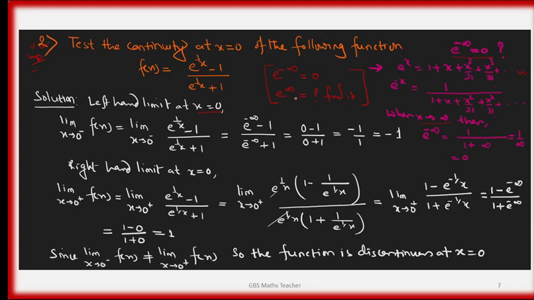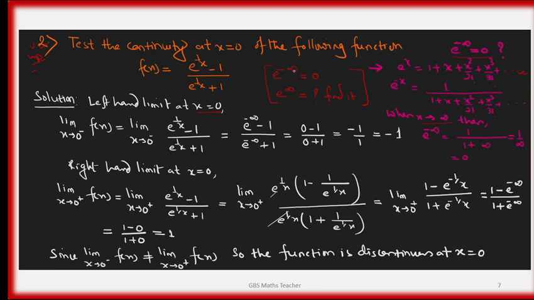Okay, you find it yourself. Now for the right hand limit, dear students, limit of f(x) as x tends to 0 plus equals limit of (e^(1/x) - 1)/(e^(1/x) + 1).